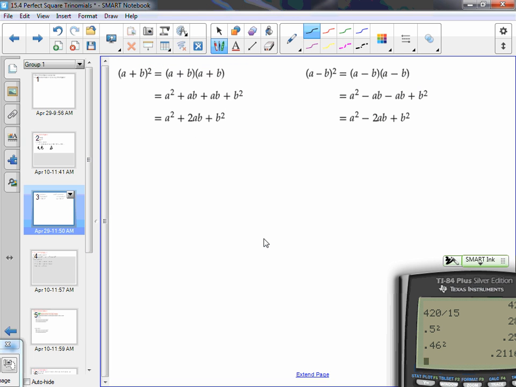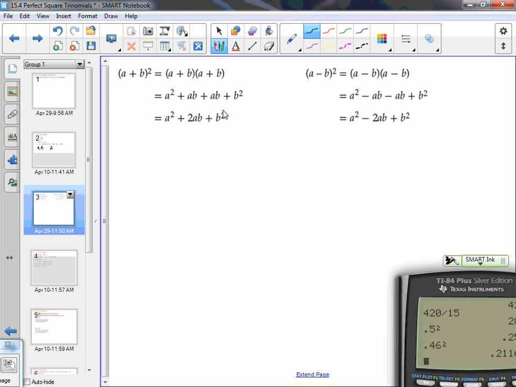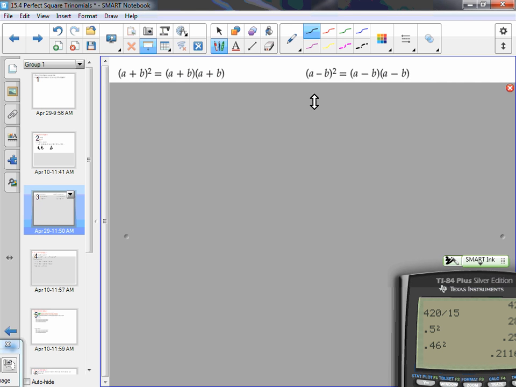Now, here's how I got the form that I showed you that the perfect square trinomials take. If you take a plus b and square it, to square anything means to multiply it times itself. So that means a plus b times a plus b.